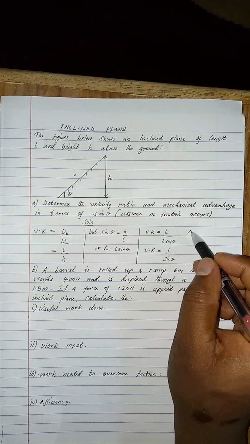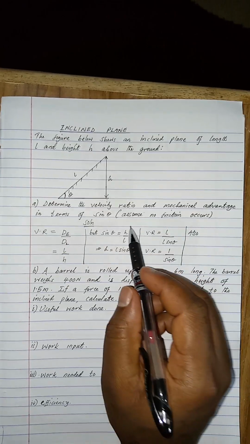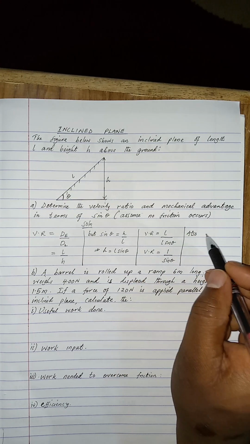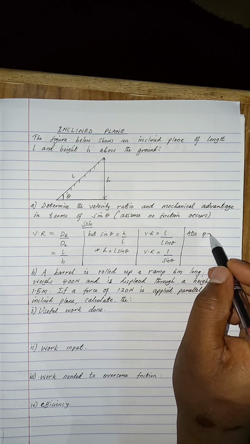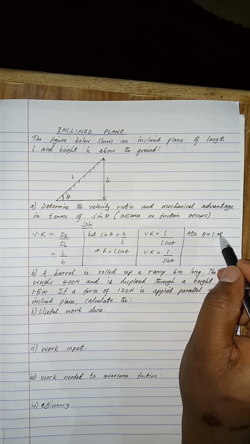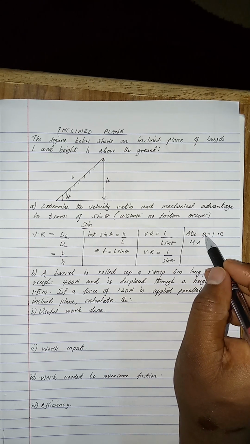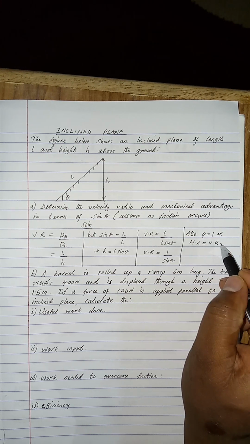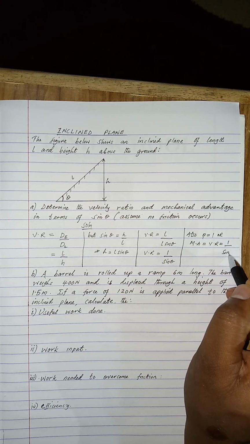Also, we have been told that there is no friction. Assume no friction. That implies that our efficiency is equal to 1, or mechanical advantage is equal to VR, which is the same as 1 over sine theta.